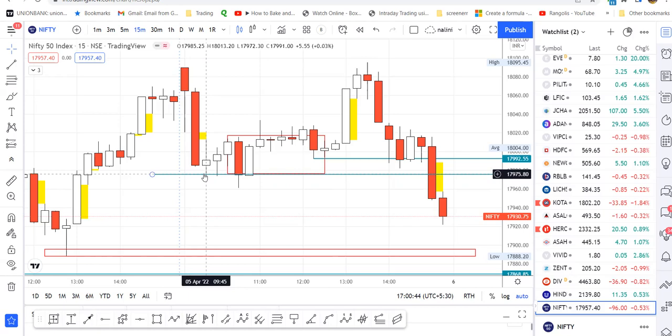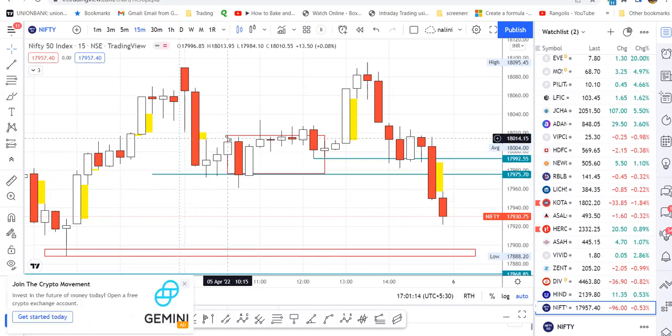Price made a low of 17,972.3, and then it started moving higher. This is the liquidity injection. You should not enter the market immediately. I waited.